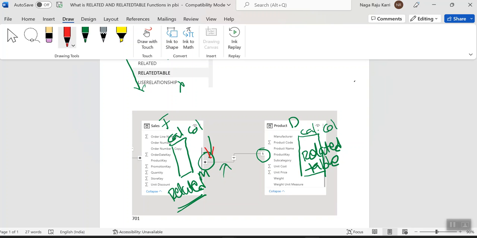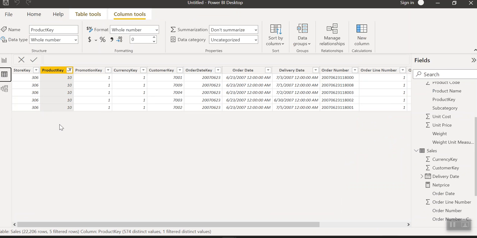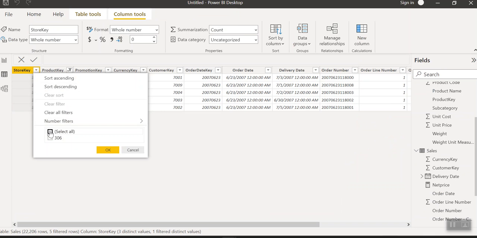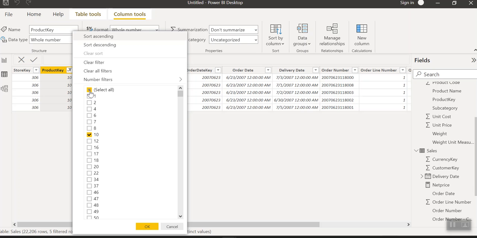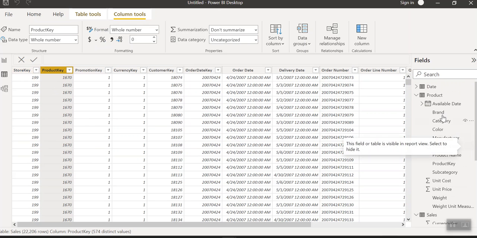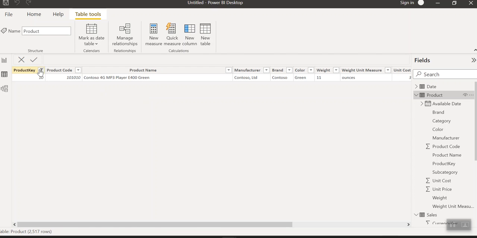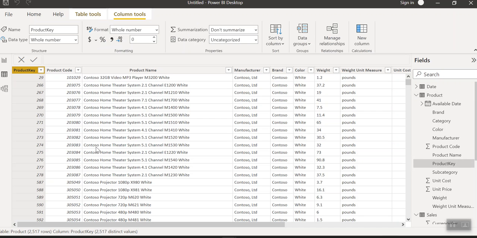So let us understand in Power BI also. Let us go to the tables. Let me first add to the sales table.